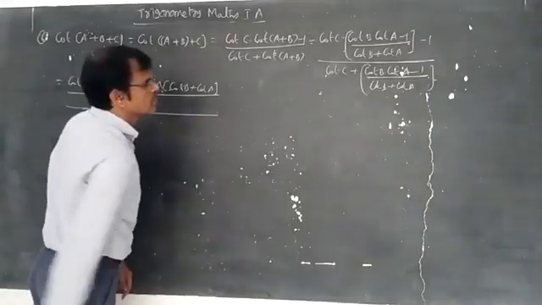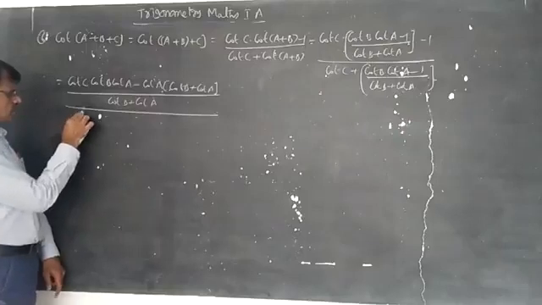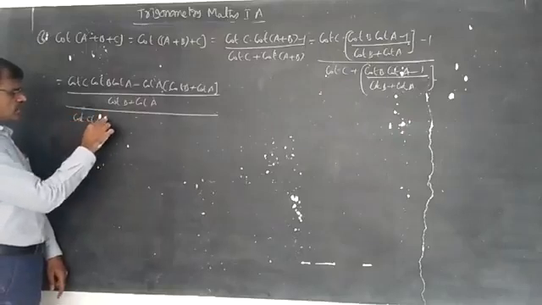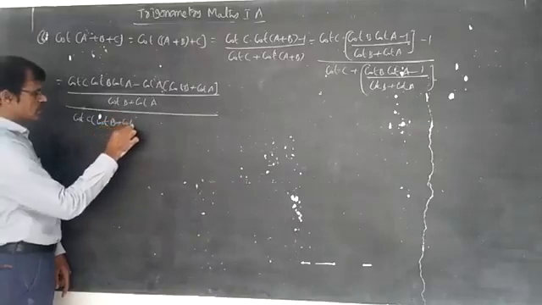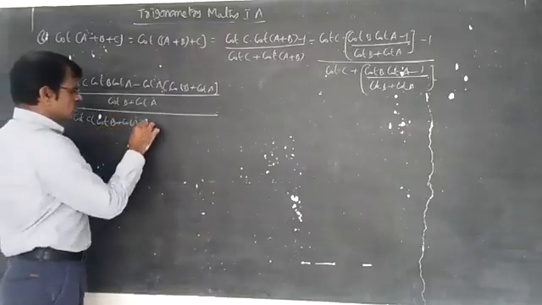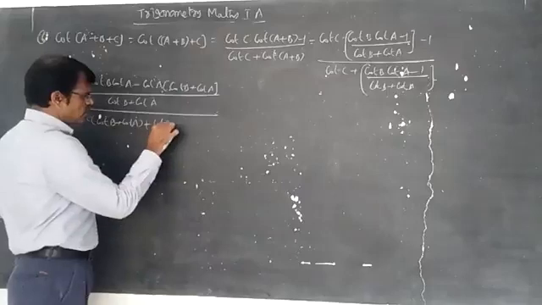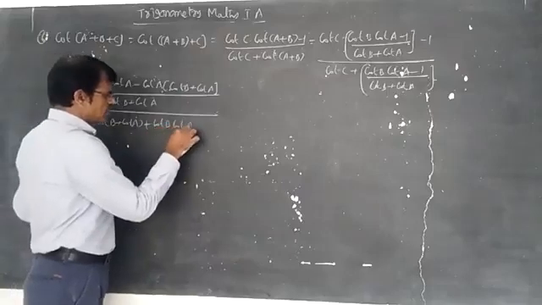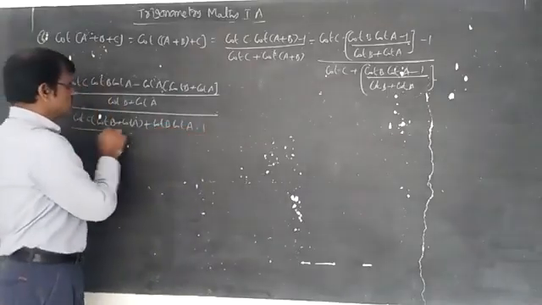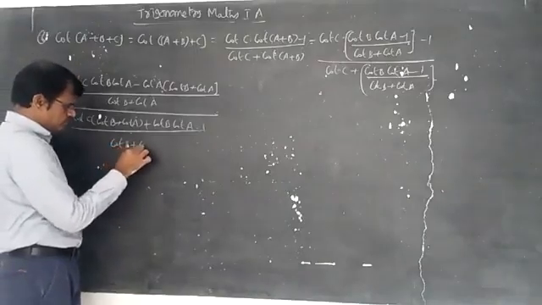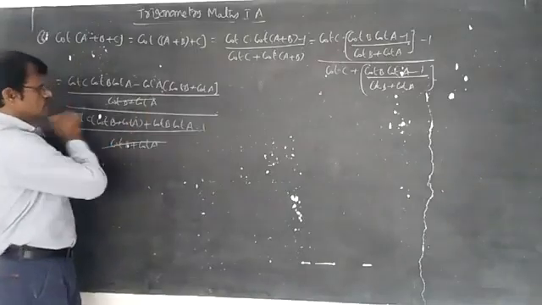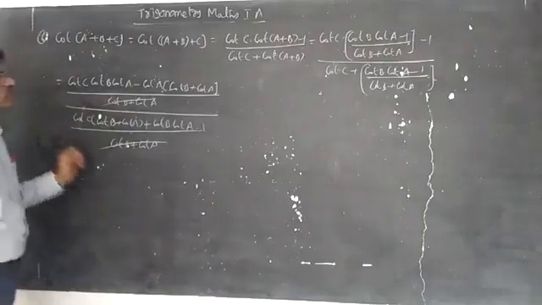Take an LCM here. It can multiply as cot C into cot B plus cot A, plus cot B cot A minus 1, whole by cot B plus cot A. The denominator gets cancelled.